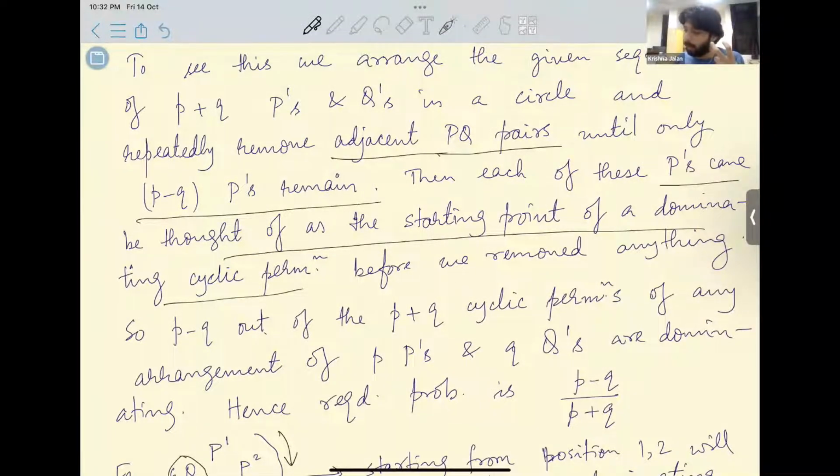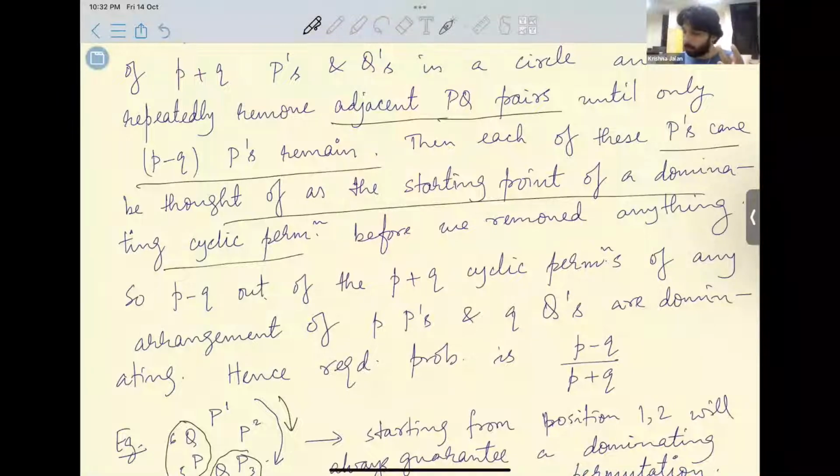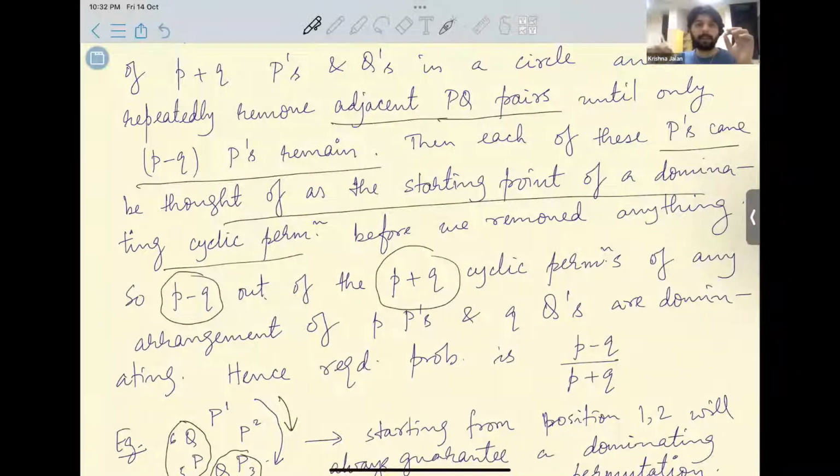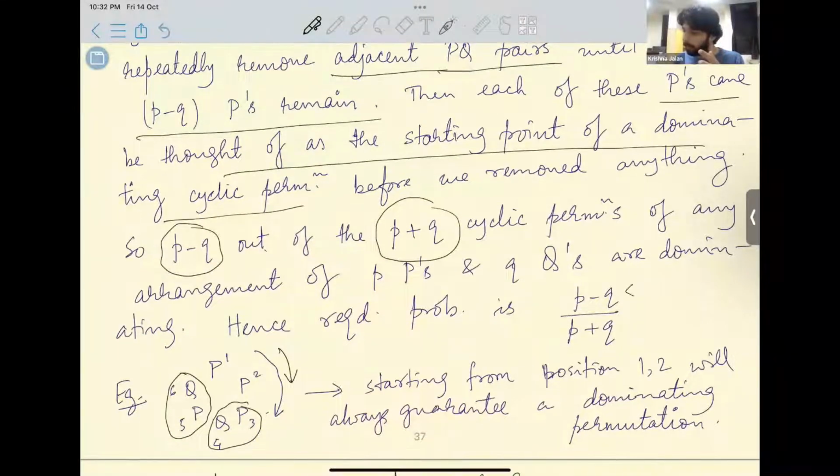So how many of them are there? The total number of sequences is P plus Q cyclic permutations, and the dominating among them is P minus Q, because there are P minus Q starting points for such a dominating sequence. So the number of favorable outcomes is P minus Q and the total number is P plus Q. So the probability is P minus Q over P plus Q.